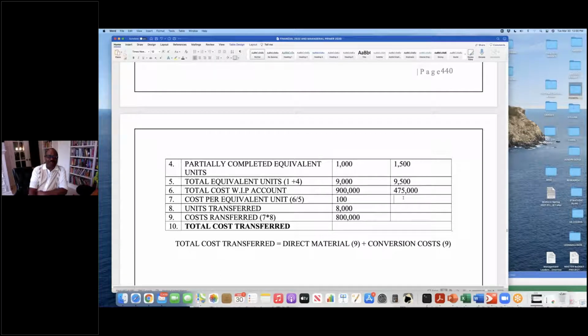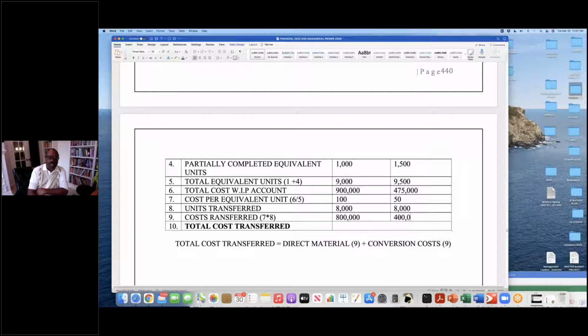So what's our cost per unit? 50. Oh, a nice even number again. So how much are we transferring out? So what's the total conversion cost going out? 400,000.